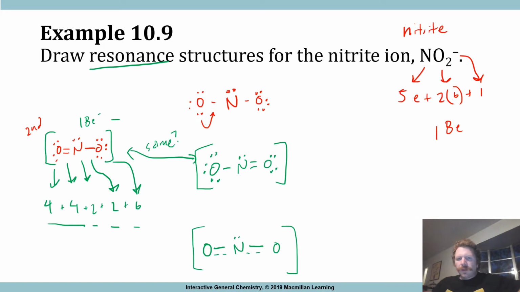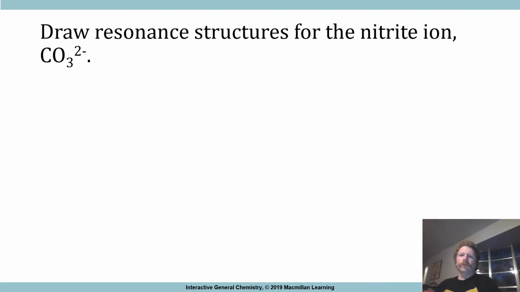Nitrite presents a little bit of a challenge because I still have to juggle the lone pairs of electrons on each of my oxygens. We'll see in our next example how to draw a resonance hybrid. But effectively, resonance structure is a combination of proposed or reasonable structures for a molecule.